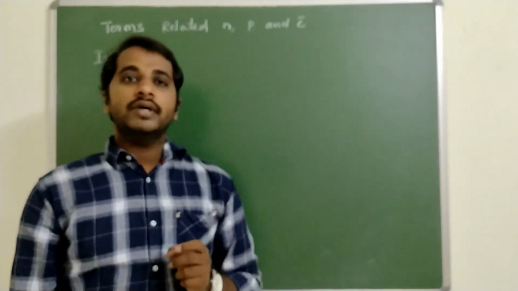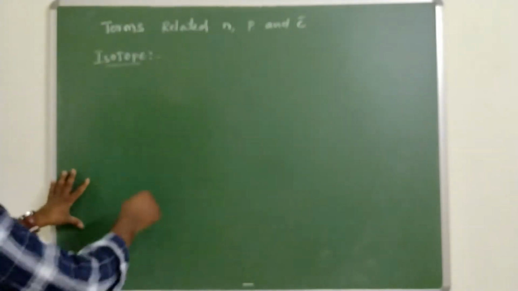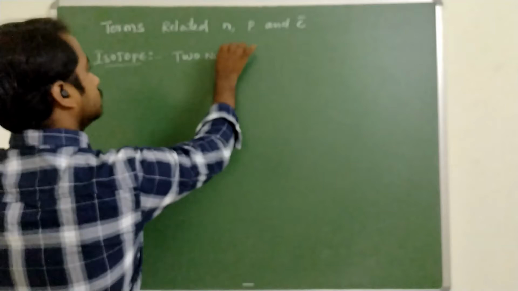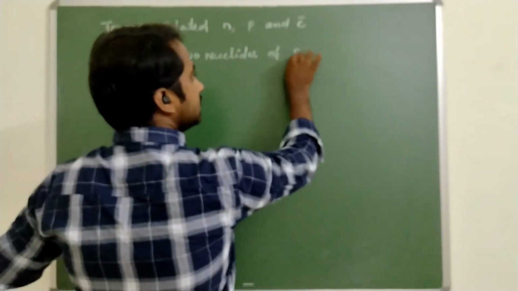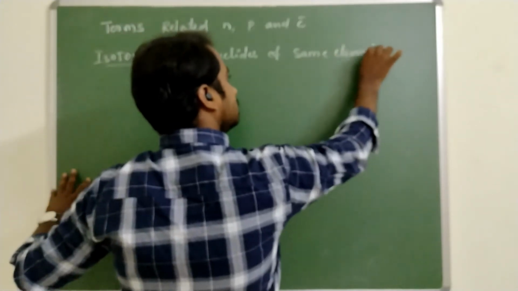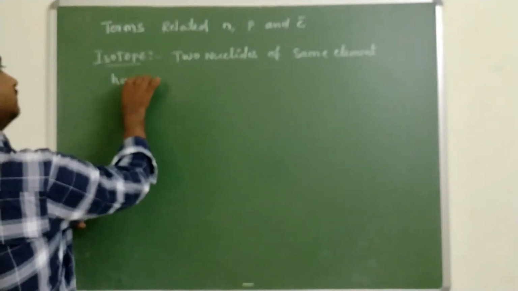Same atomic number means the nuclides are of the same element. So we can define isotopes as two nuclides of the same element that have different mass numbers.